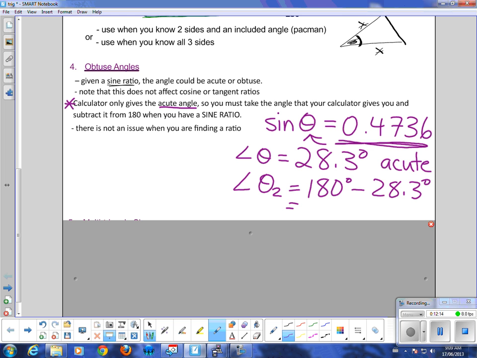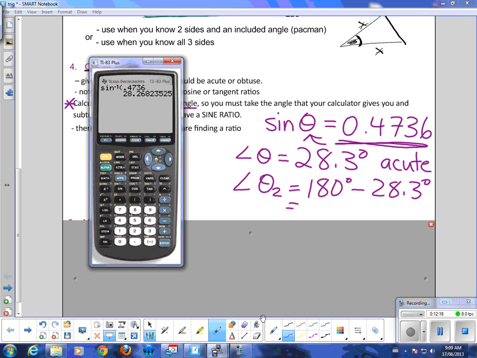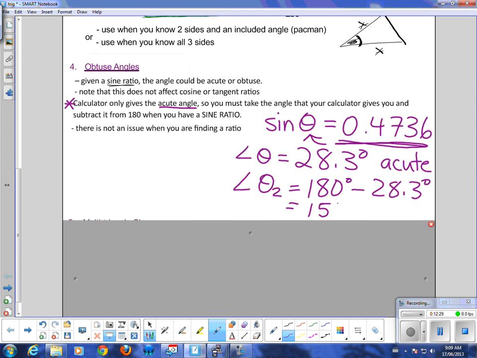So again, if I bring up the calculator and actually do that subtracting, 180 minus 28.3, we end up with 151.7. So when you're asked to find theta and they have given you a sine ratio, you have to actually calculate two angles. So that might be a good example to put on your help sheet as well.